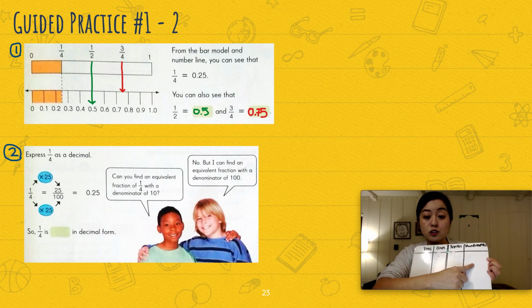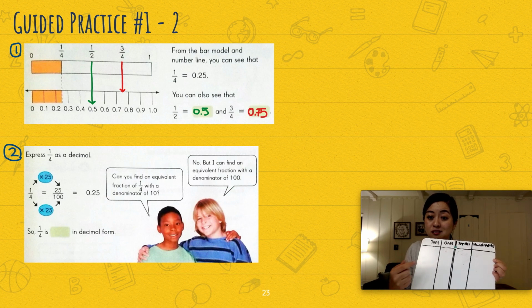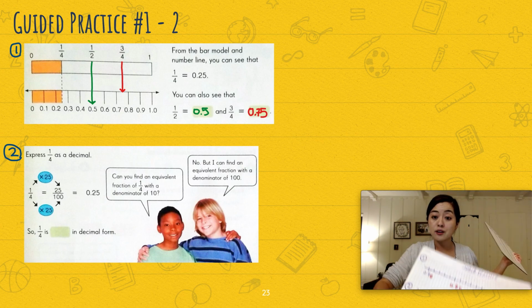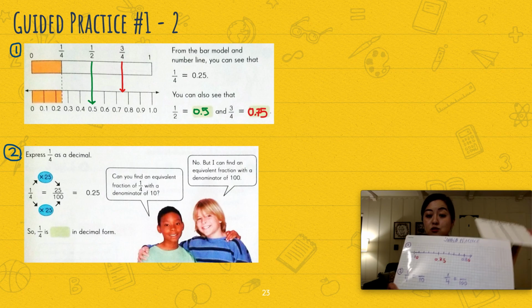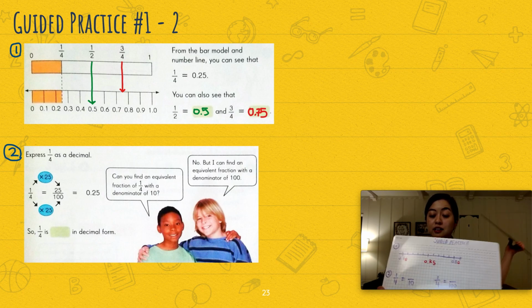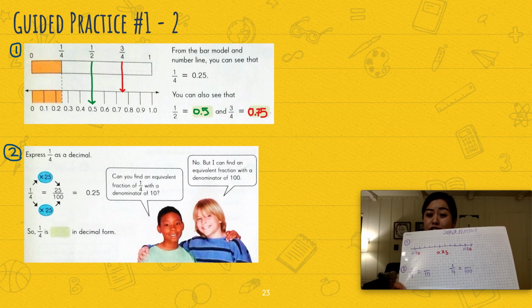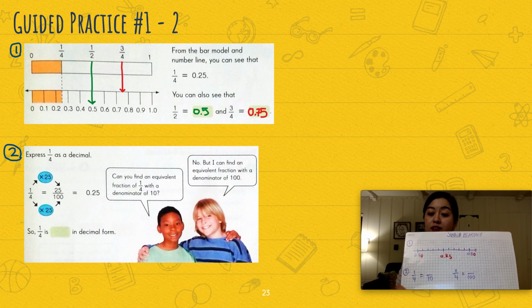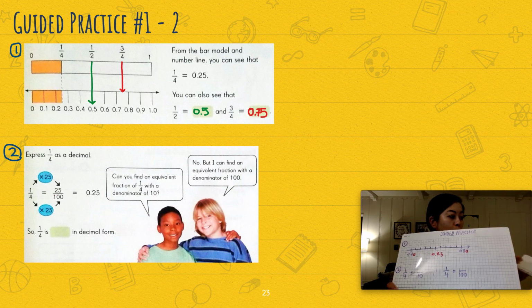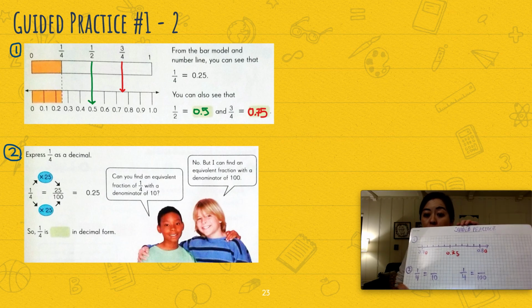If it's 100, then we write the value in the hundredths place. So we can easily convert a fraction into a decimal if we change it into an equivalent fraction with tenths or hundredths.